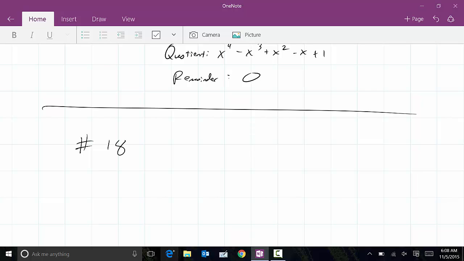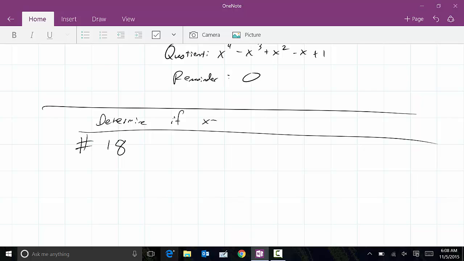Okay, let's look at number 18. Now the directions have changed. The directions are: determine if x minus c is a factor of the polynomial. In other words, the given polynomial is negative 4x cubed plus 5x squared plus 8.